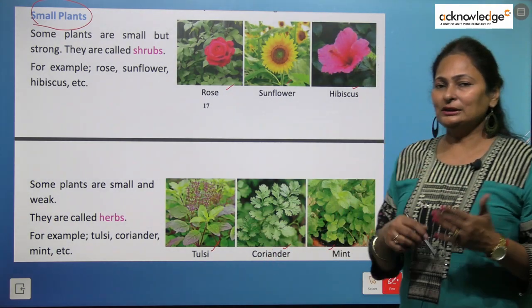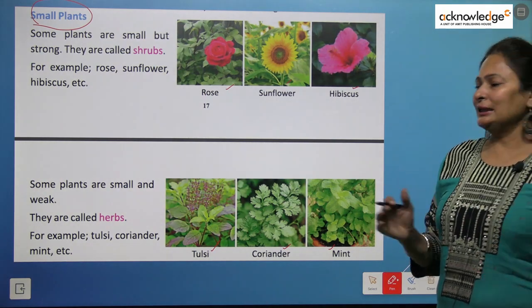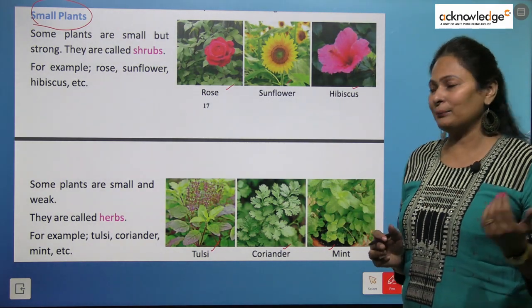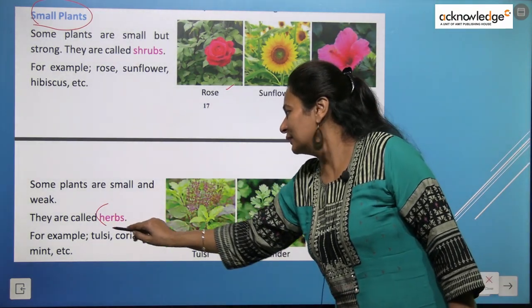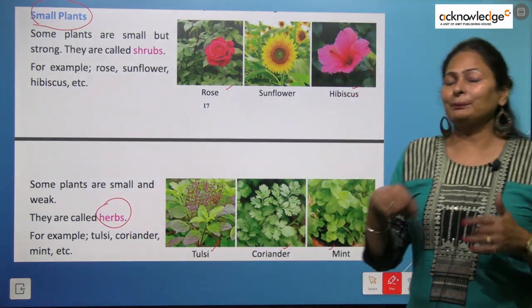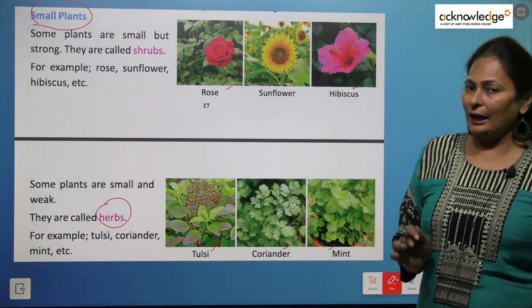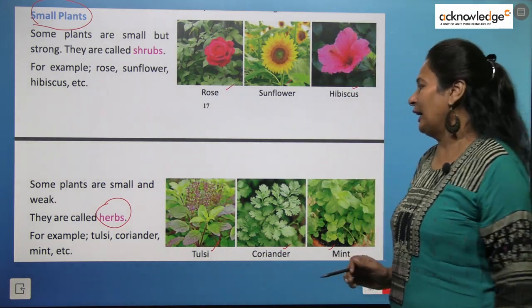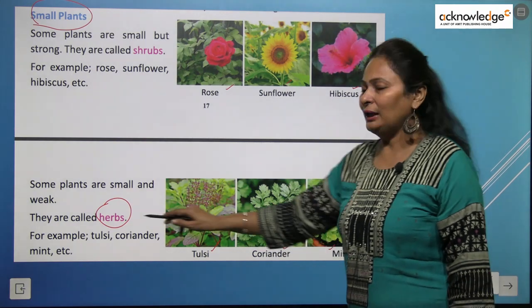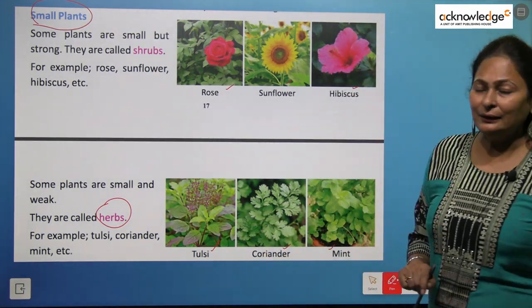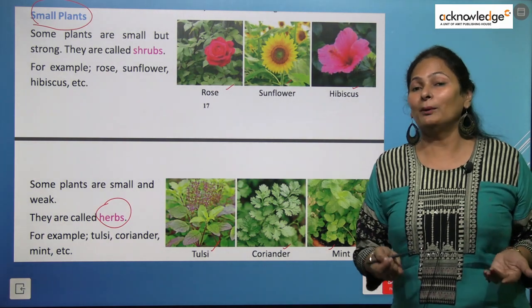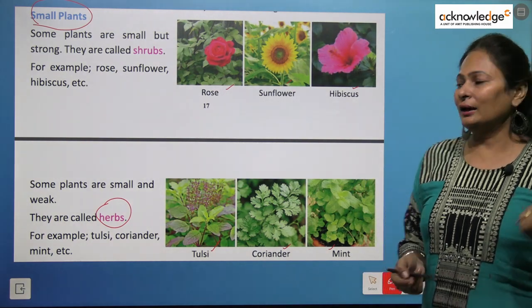Till now you will just understand this. These plants have a weak stem. That is why they are called herbs, right? They are examples of small plants, but they have weak stems. We have kept them in the herbs category. Coriander and mint are also common examples of herbs.